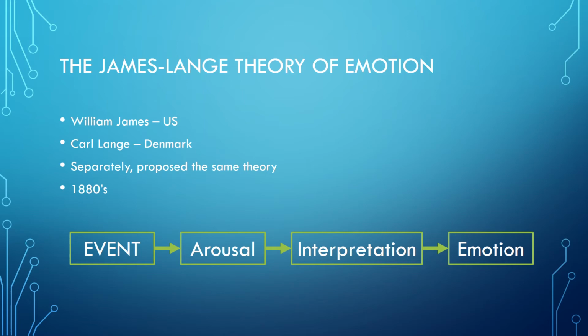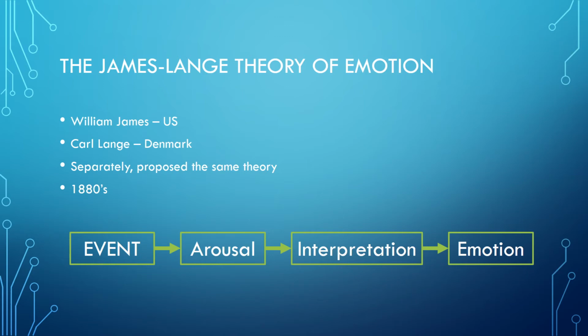And as I said, these theories were written back in the 1880s, about 140 years ago, late Victorian times, before psychology was really coming into its own. And what they proposed was summed up in 4 basic boxes. There is an event. The event causes a physiological arousal.